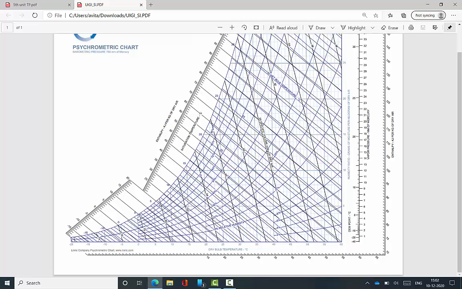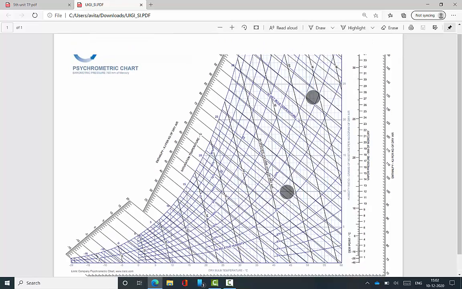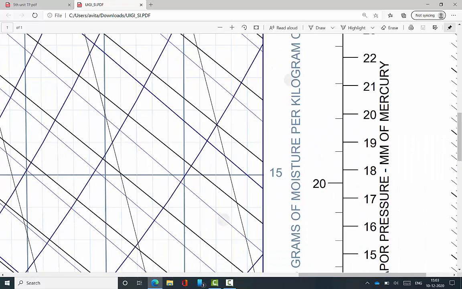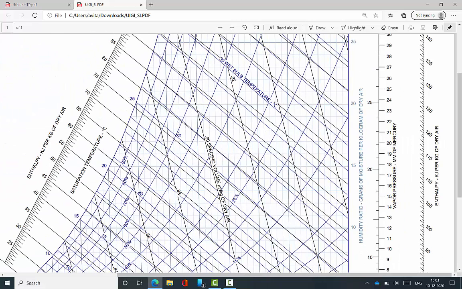Some more values are plotted in the psychrometric chart. Those are specific volume lines. The wet bulb temperature lines are inclined at about 45 degrees, and the specific volume lines are slightly inclined from vertical, very steep lines.